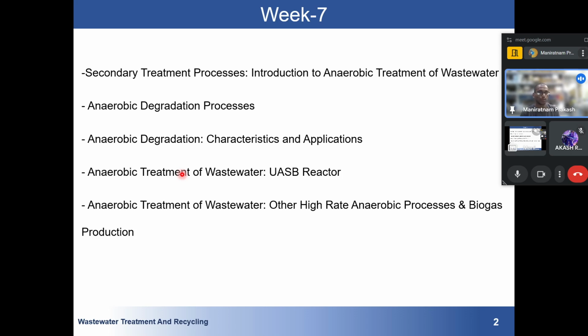We will look in detail at what this UASB reactor is, and finally other high rate anaerobic processes and biogas production. We will see how this anaerobic process is useful, how it treats our wastewater, and what its different byproducts are.